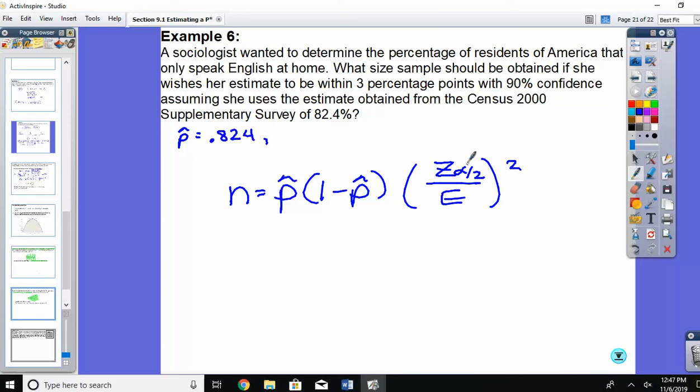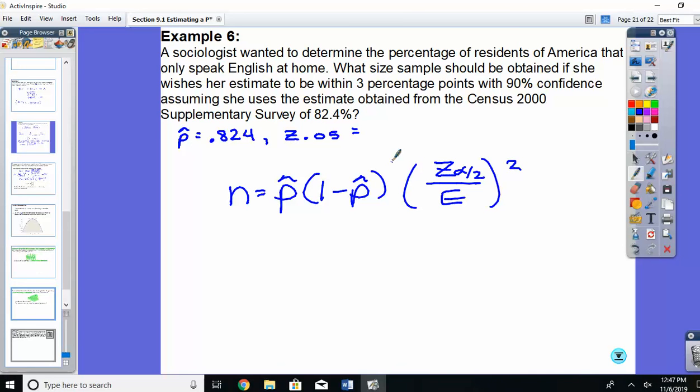Now let's think about this z alpha over 2. 90% confidence interval. So my alpha would be 0.1. 0.1 divided by 2 is 0.05. So I have to look at z of 0.05. Now keep in mind what that means. That means that the area to the right is 0.05, so the area to the left is 0.95.